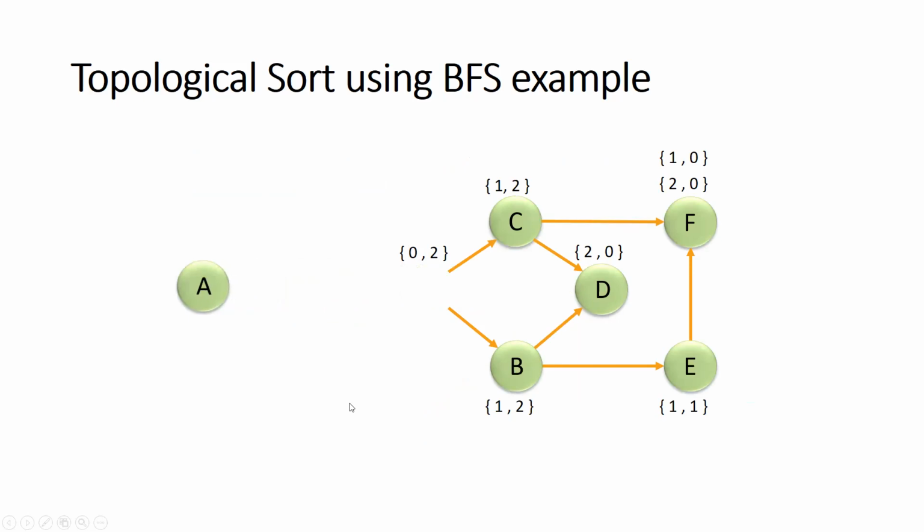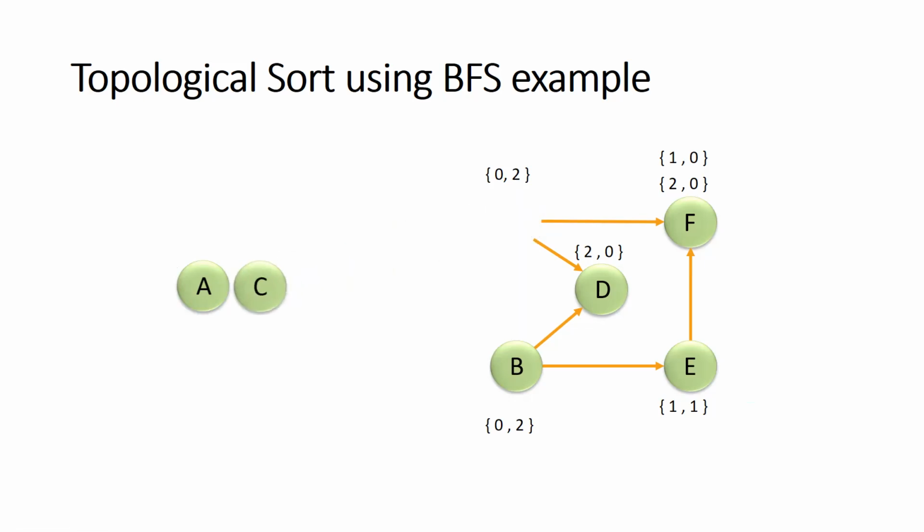And the algorithm says that we should remove the outgoing edges. Sorry, so we will decrease the in degree of these nodes by 1. This is how it would look after we remove the first node and its out degrees and decrement the in degrees of these two nodes.